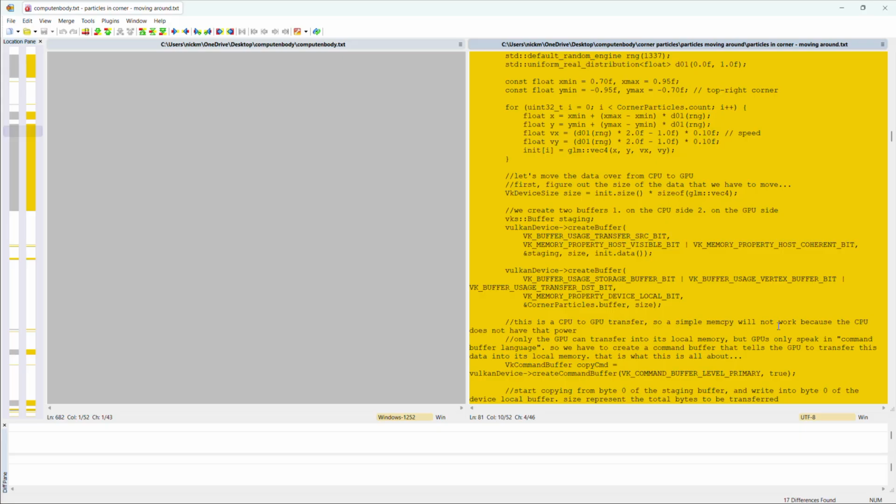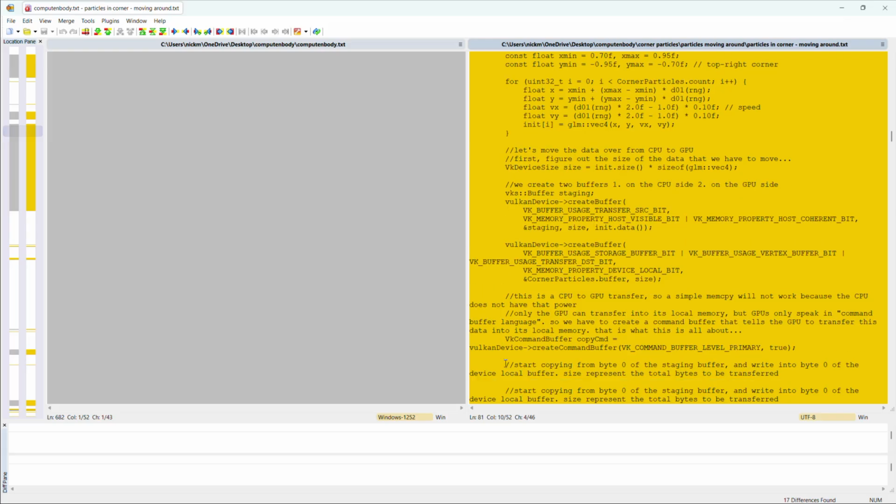So a simple mem copy will not work because the CPU does not have that power. Only the GPU can transfer into the local memory, but GPUs only speak in command buffer language. So we have to create a command buffer that tells the GPU to transfer this data into the local memory. That is what this is all about.